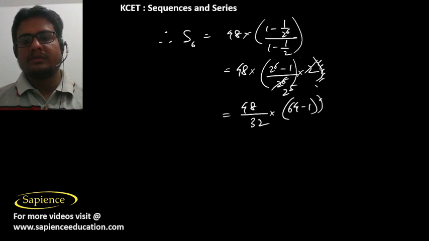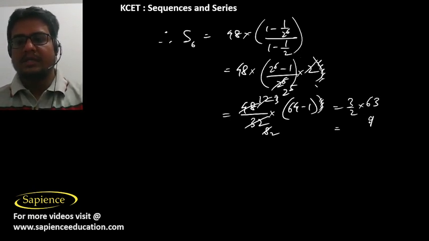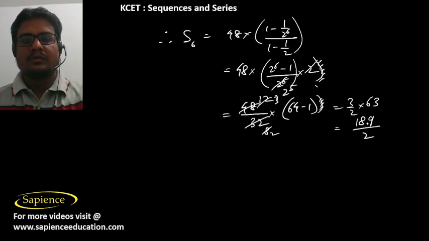So 4 8s are 32, 4 2s are 8, 4 3s are 12. Then this is 3 by 2 into 63. So 3 3s are 9, 3 6s are 18, 189 by 2. So option C is the correct answer.